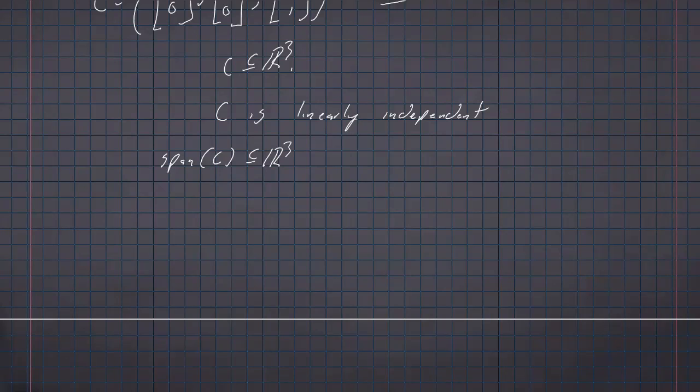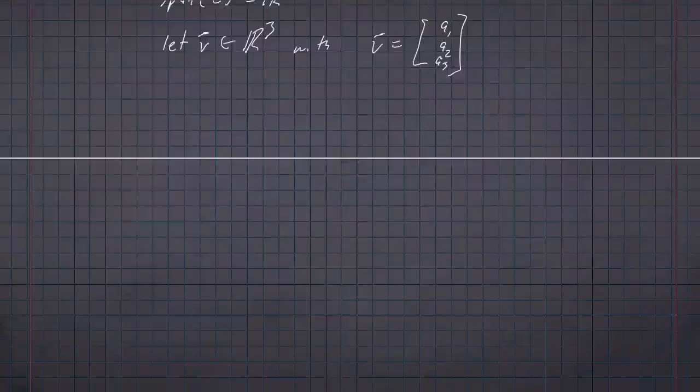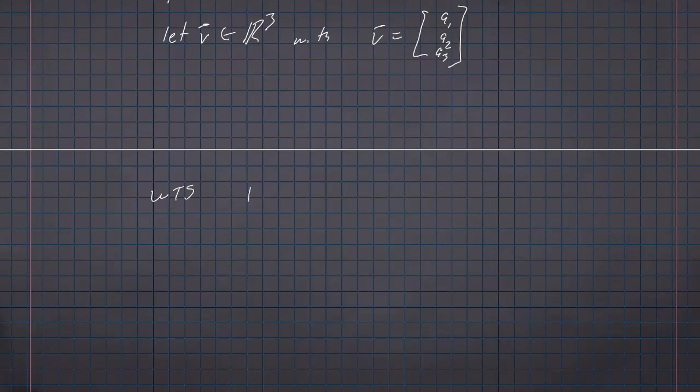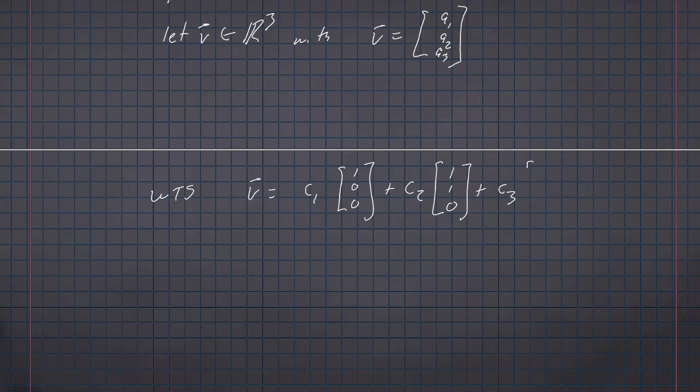So what we have to do is show that we can write any vector v = (a1, a2, a3) as c1 times the first vector plus c2 times the second vector plus c3 times the third vector.